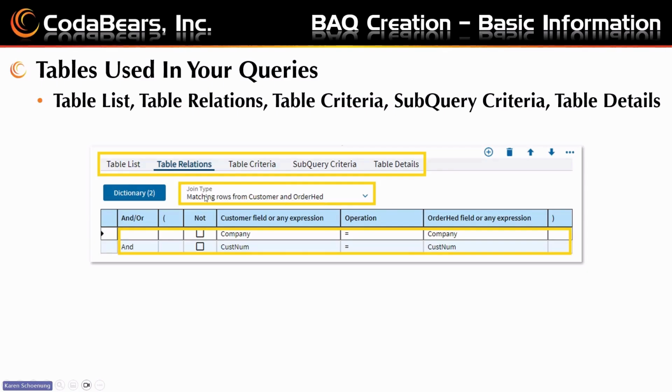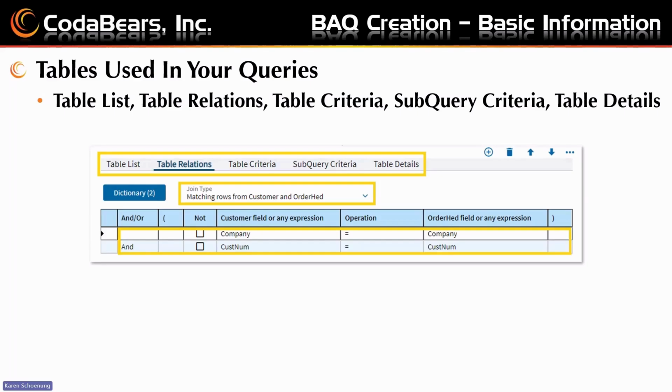So you can have matching, which means the fields exist in both tables, and there are three other options: all from customer, all from order header, or all from both tables.